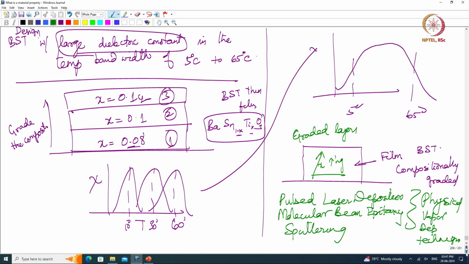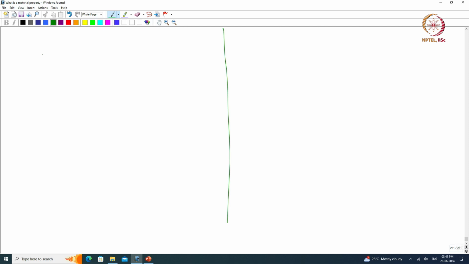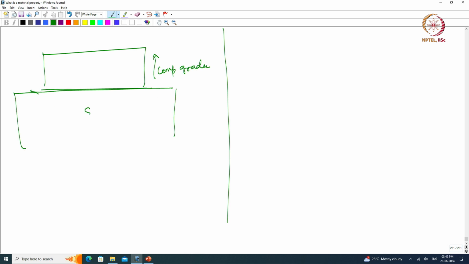You can create them, but can you sustain them is the question. So I have a compositional gradient. I sort of freeze the material there, this is my substrate, this is my thin film. Then let us say I apply an electric field.